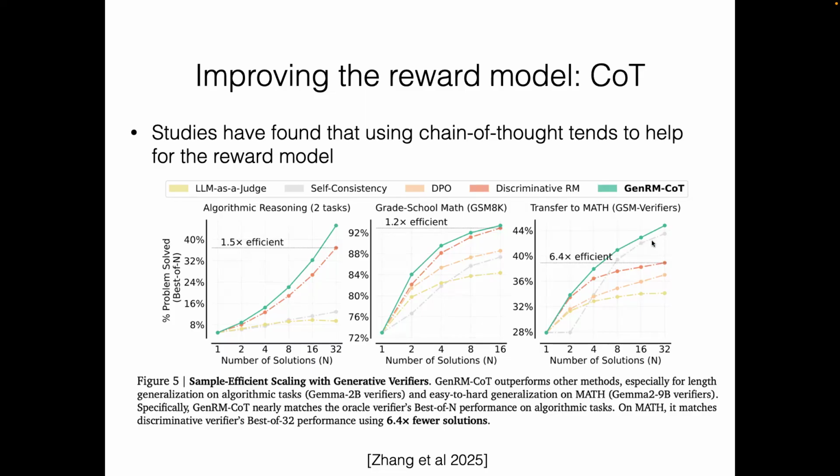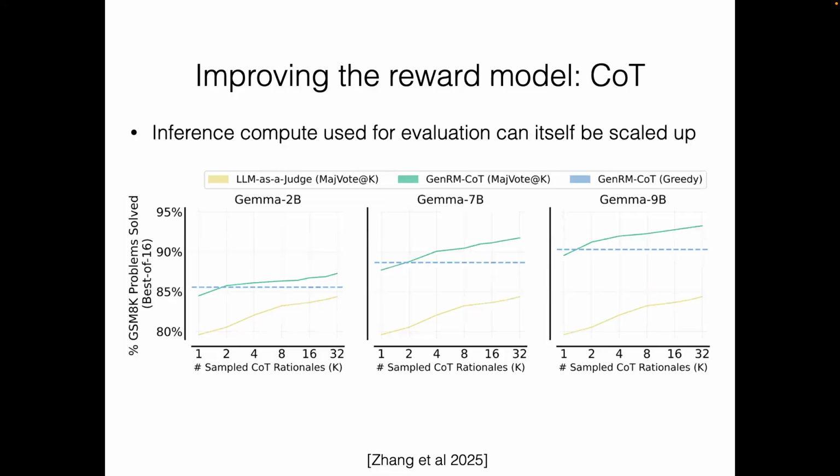We'll talk about this gray line in a bit, which is another method called self-consistency. Then, if you follow what I was saying, you can also do parallel sampling in the reward model itself. You could evaluate it multiple times, and each chain of thought might vary, so you'll get some variation.